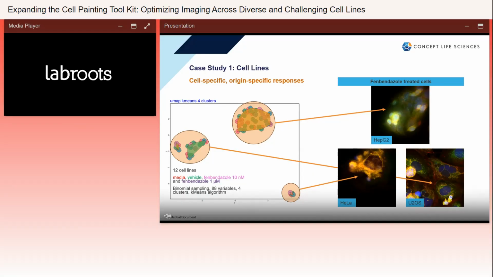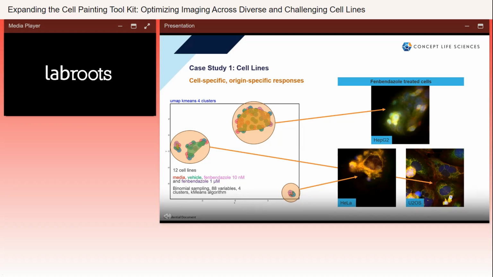Now, curiously, there were also a couple of vehicle treated wells here, although with such a large panel of diverse cell morphologies, some overlap is to be expected. And the final group was clearly dead or dying cells, and giant vacuolar structures or cell fragmentation was common here.